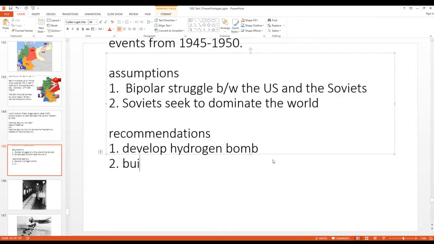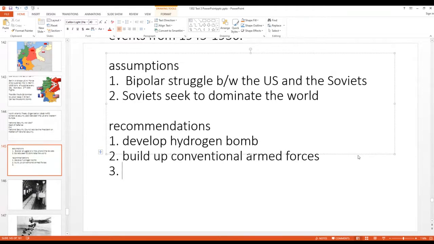Second, is to build up our conventional armed forces. After World War II, the United States Army, Marines, Navy, Air Force had somewhat shrunk back down, but now it's recommended that we rebuild them, not as big as they were during World War II, but certainly bigger than they are now.